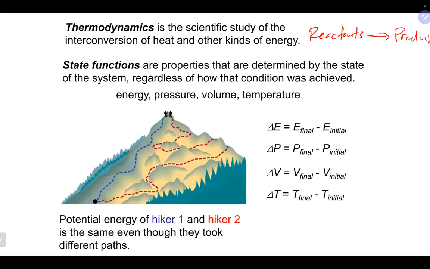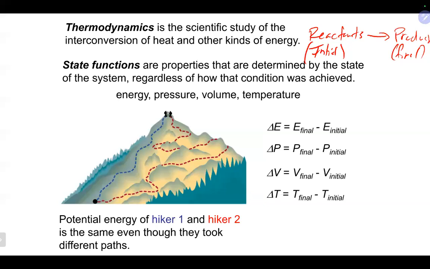So in terms of a chemical reaction, our reactants are our initial conditions and our products are our final conditions, which is why when we calculate something like what we see here to the right, the change in energy, delta E, it's final minus initial. Change in pressure is final minus initial. Change in volume and change in temperature, final minus initial. So again, your final state minus your initial state, where you started, where you ended, the difference between those two is the most important.